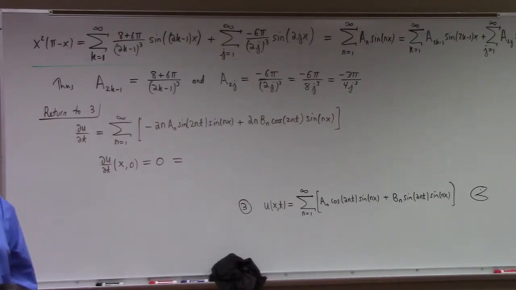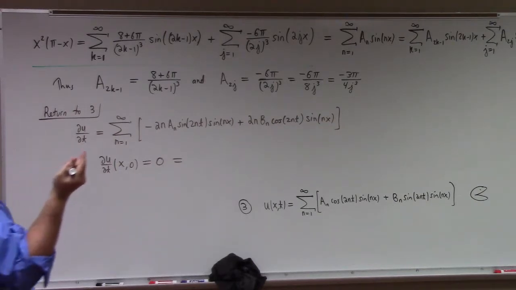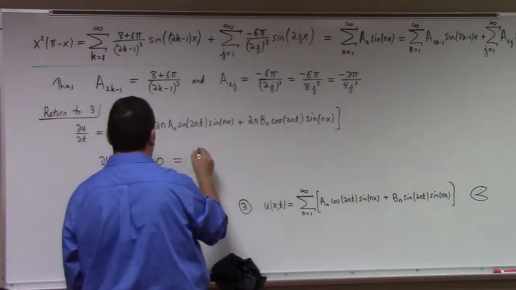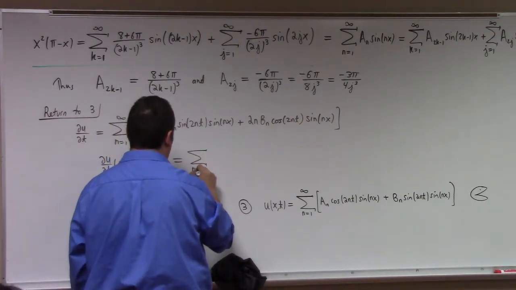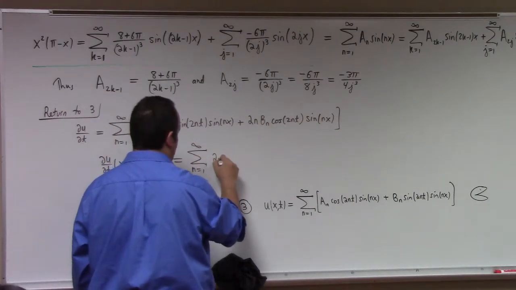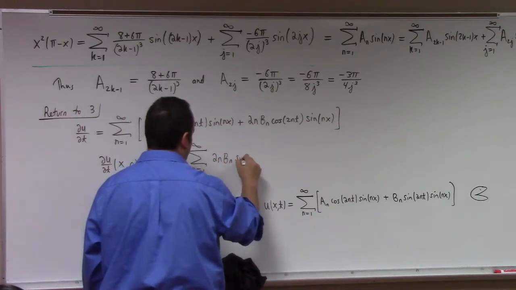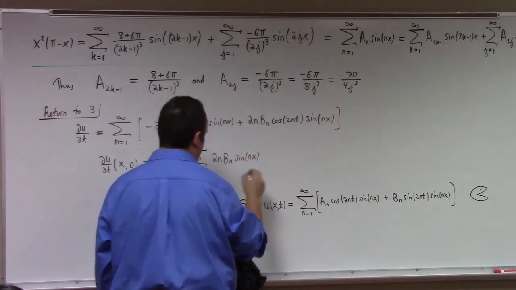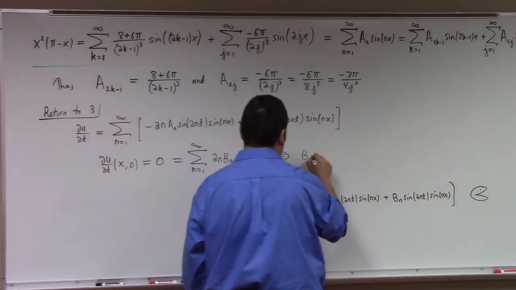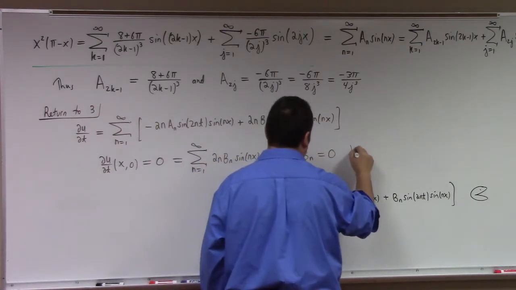We already know what those are. We already fit the a sub n's with the initial position in the Fourier technique, right? How about the b sub n's, though? This gives us the sum n equals 1 to infinity of 2n bn sine nx, right? Which tells me that my bn is equal to 0 for all n.